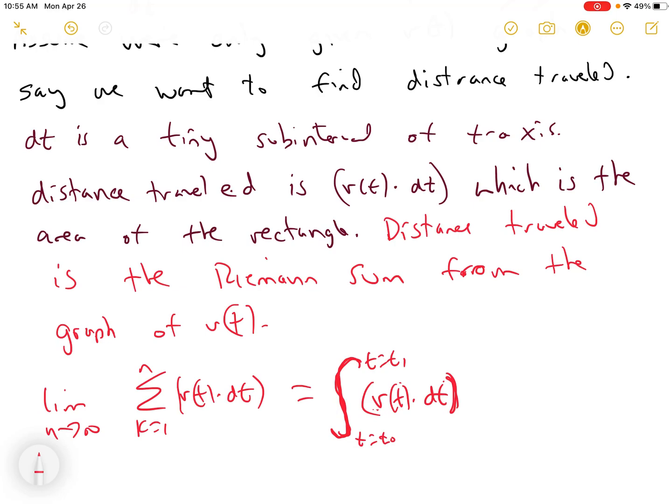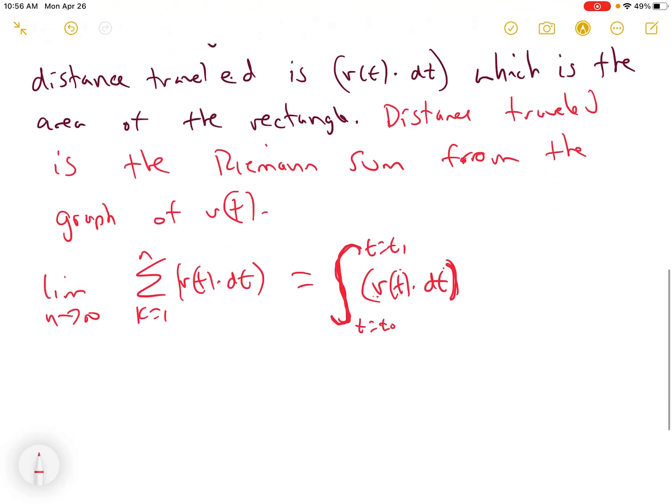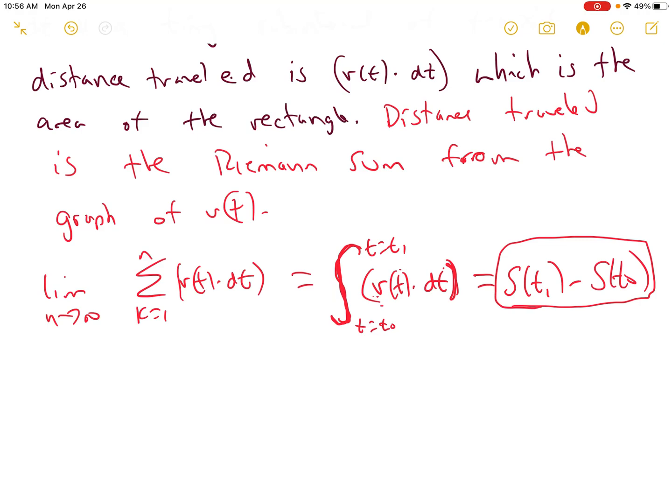And so this becomes what? It becomes the difference of the antiderivative, right? So we have the derivative, and the area under the curve of the derivative is the difference between the antiderivative. So, here we are tying it together.